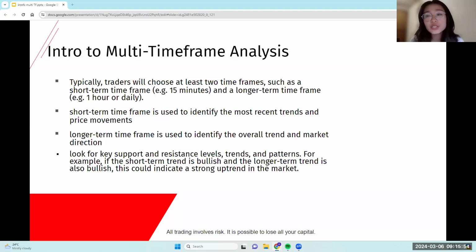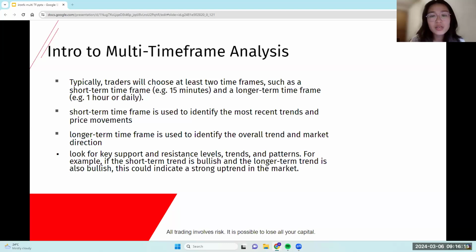For example, if the short-term trend is bullish and the longer term trend is also bullish, then it could indicate a strong uptrend in the market. Obviously, if you're a trader, this would be really helpful to make your trading decisions.